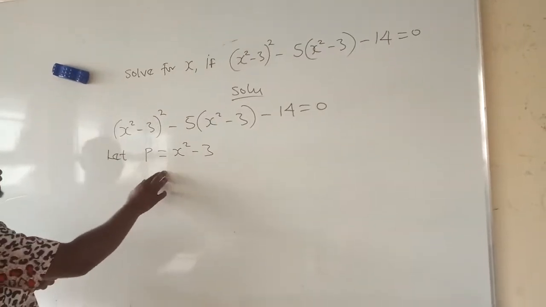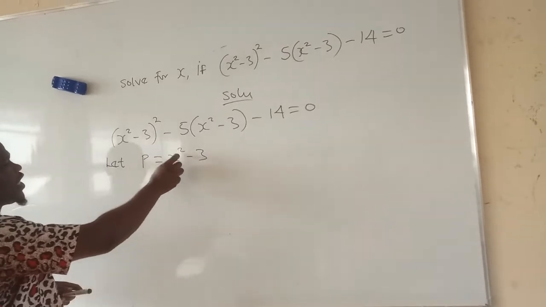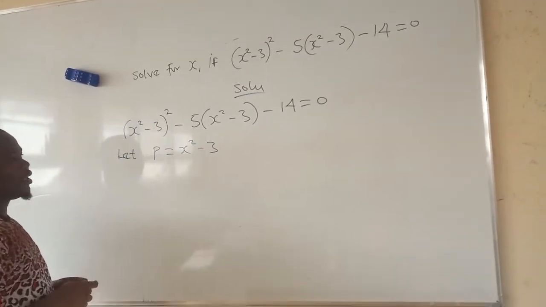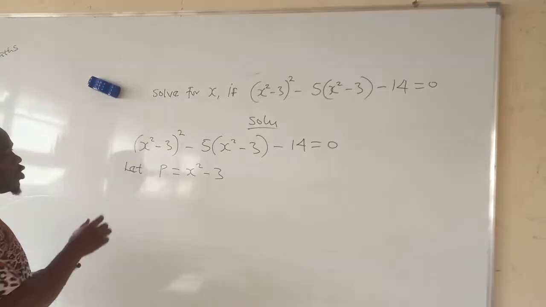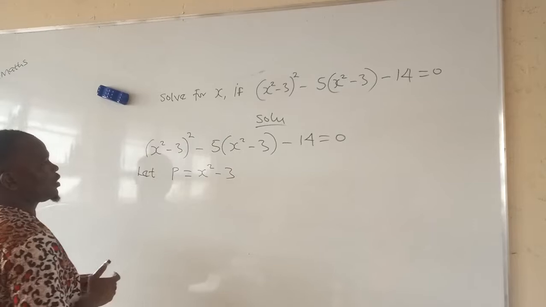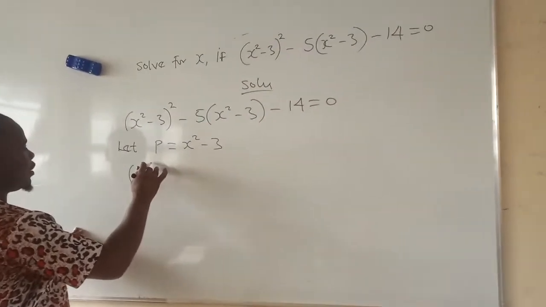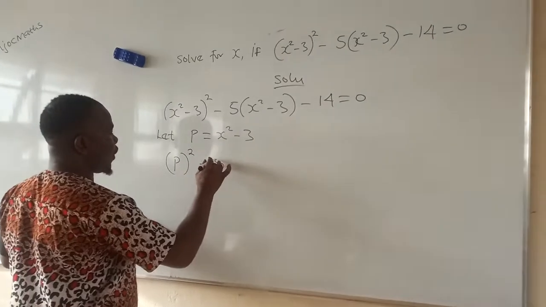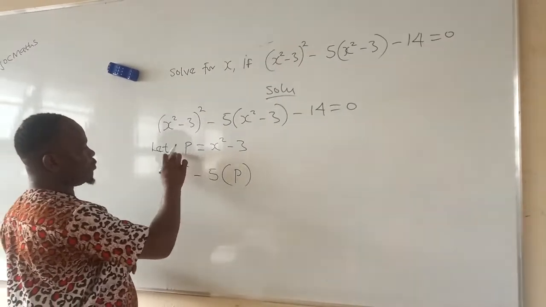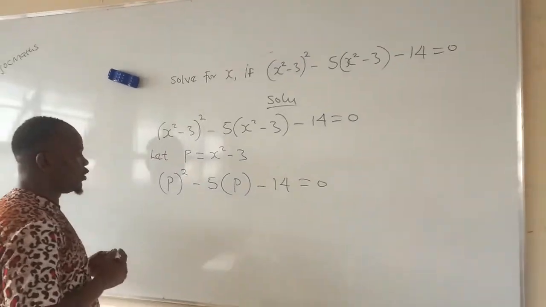So if you agree with me, this implies that anywhere you see x^2 - 3 is P. Are you following? So now we are going to substitute P into this equation by writing P squared minus 5P, because we said let P be equal to this, minus 14 equals 0.